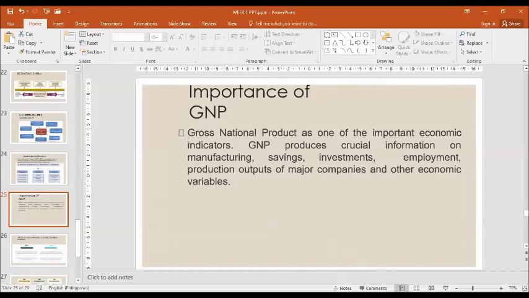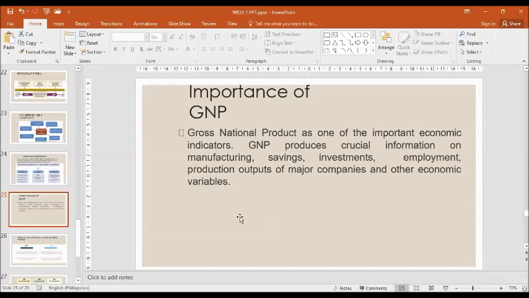Then GNP is also involved. GDP is different from GNP. GDP speaks about the domestic aspect or coverage, while GNP comes from the words gross national product.